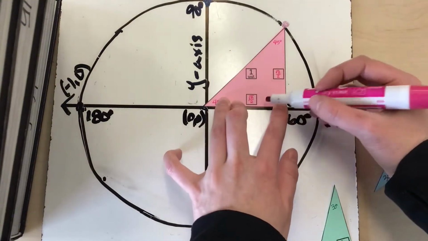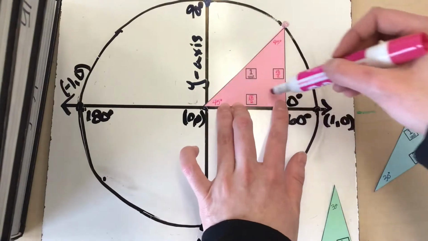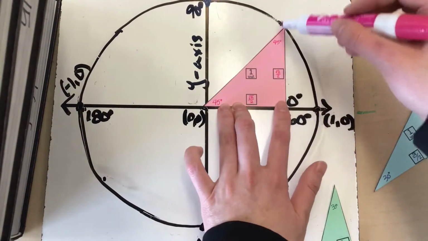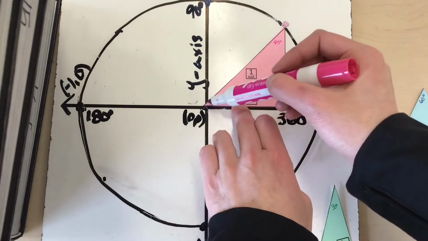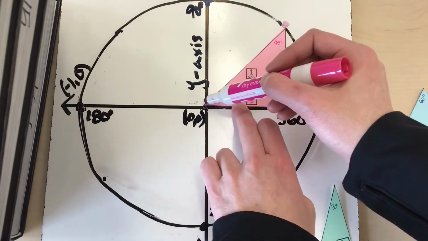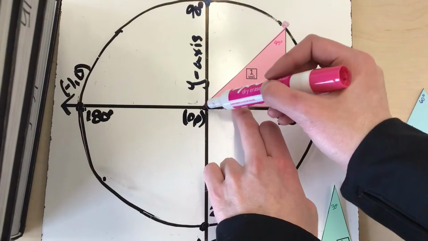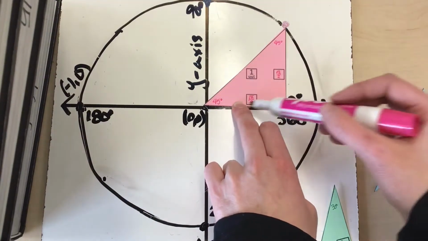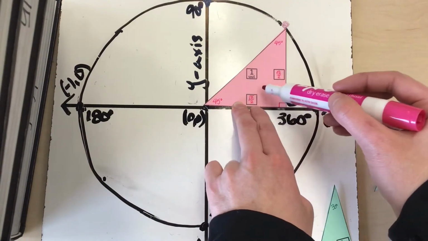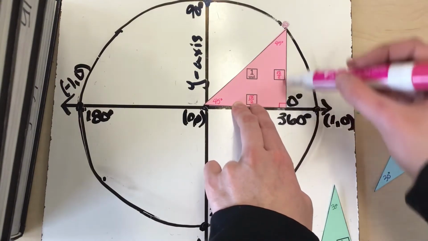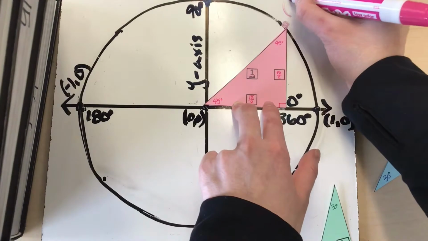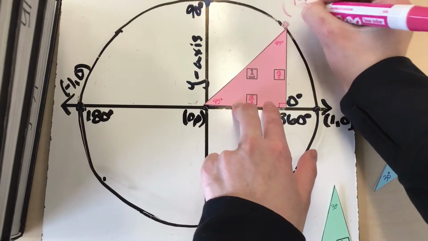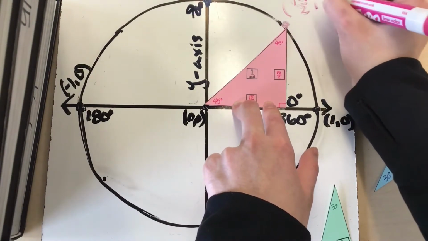Now, we said that since the legs of our triangle are the same, our points are going to match up with our legs, because our triangle says that we come from this intersection here of our vertex, and we come over to the right square root of 2 over 2, and then we go up square root of 2 over 2 to get to this point. So we have square root of 2 over 2, square root of 2 over 2.